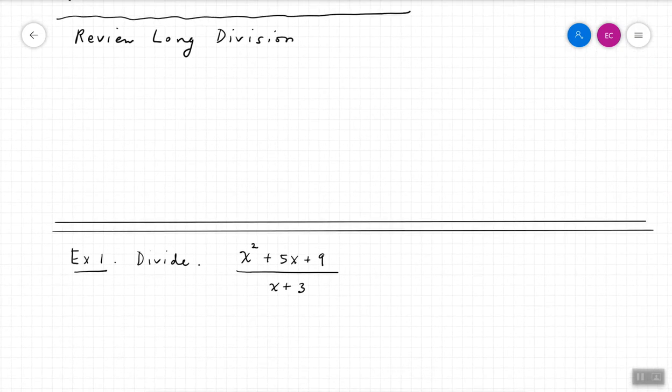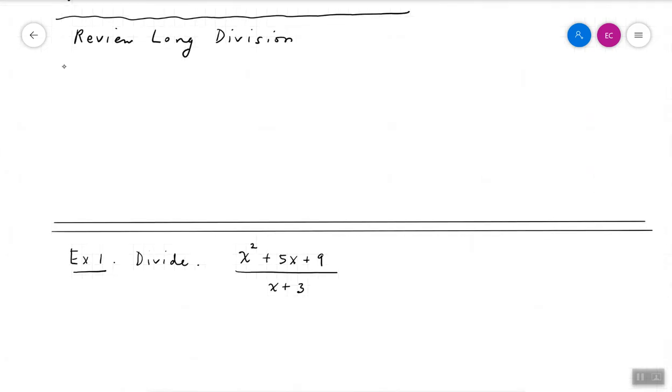So, for example, if we had 22 divided by 3, we could also write that as a fraction. It means the same thing, 22 divided by 3.